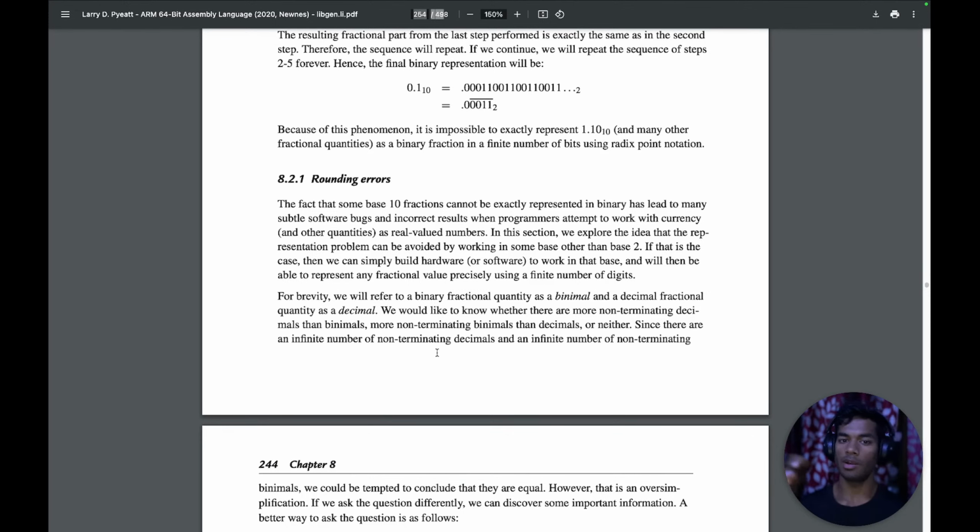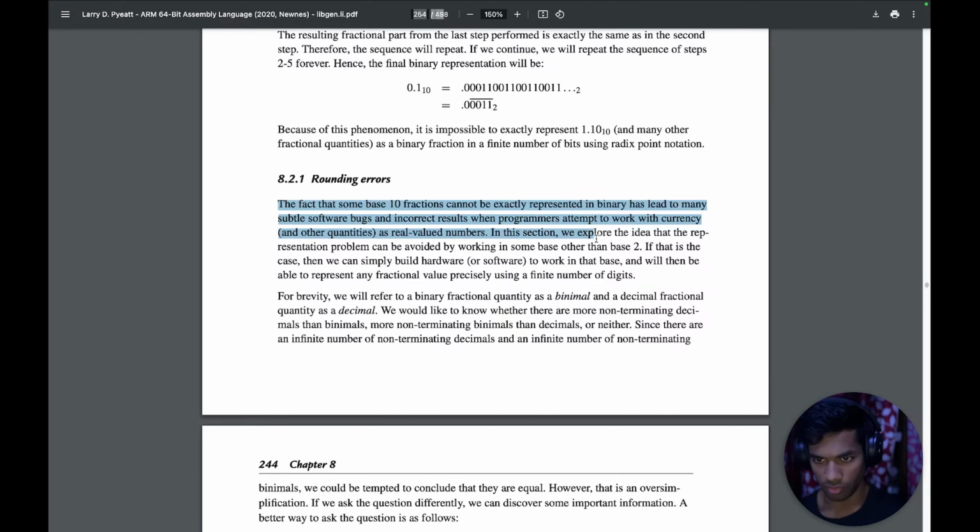Then rounding numbers. The fact that some base 10 fractions cannot be exactly represented in binary has led to many subtle software bugs and incorrect results when programmers attempt to work with currency and with other quantities as real valued numbers.